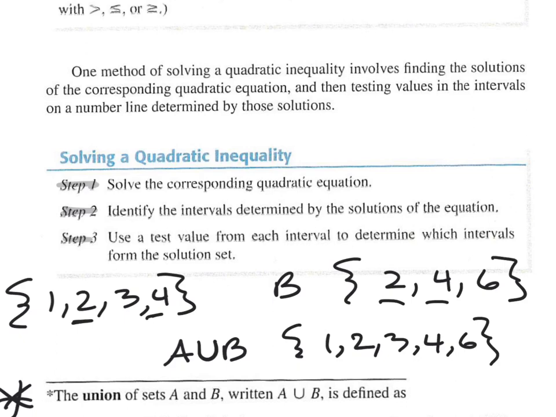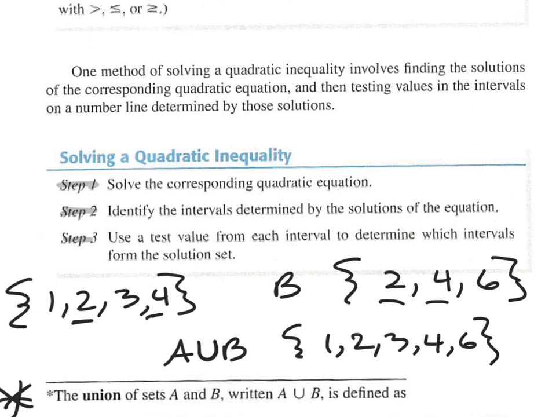Then the second step is I'm going to identify the intervals that are going to be broken apart based on my solutions. Then after I break it into the intervals, I have to find a test value from each interval to determine which ones are going to form my solution set.